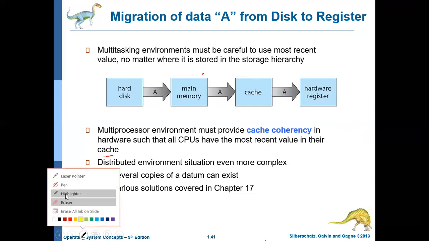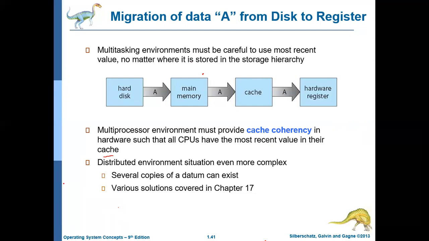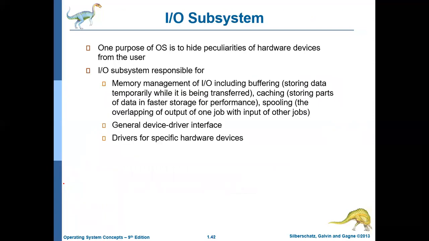The next concept we will be discussing is the IO subsystem. One of the core purposes of the operating system is to hide the complexity, or the unique nature, of different hardware devices. Different hardware devices may work in different styles.